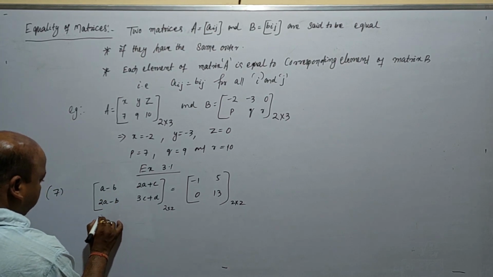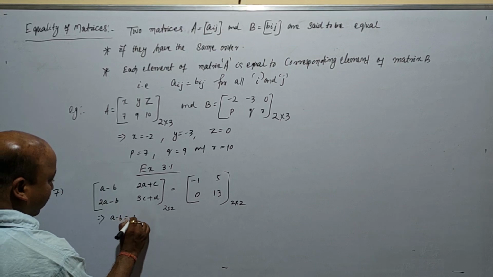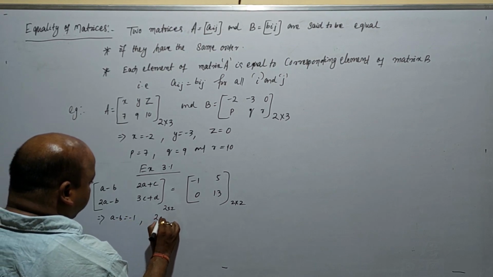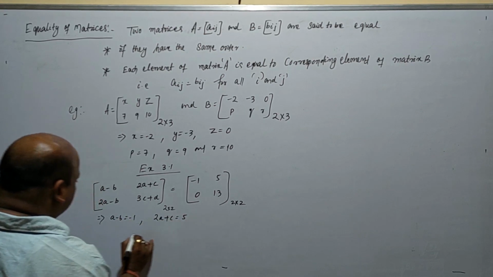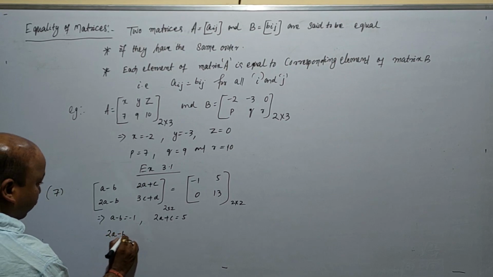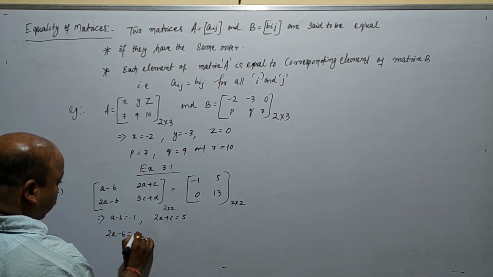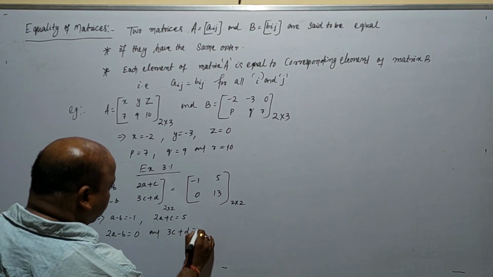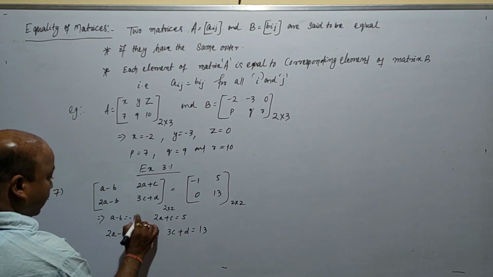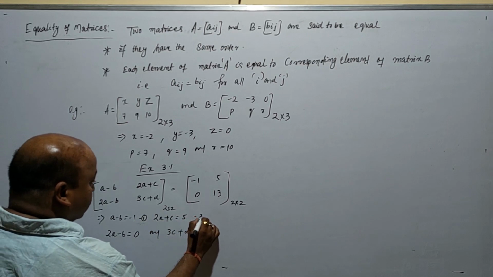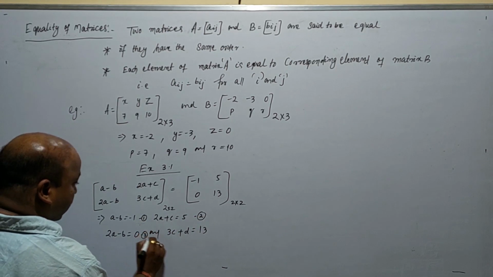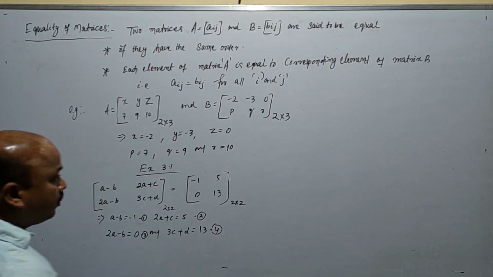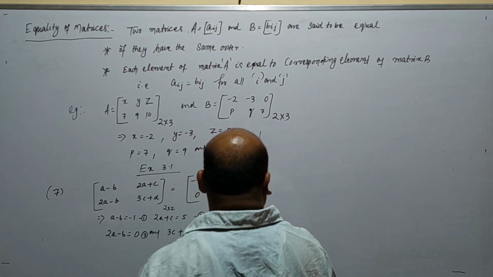So we get a minus b is equal to minus 1, 2a plus c is equal to 5, 2a minus b is equal to 0, and 3c plus d is equal to 13. So these are equations 1, 2, 3 and 4. So I am solving it.